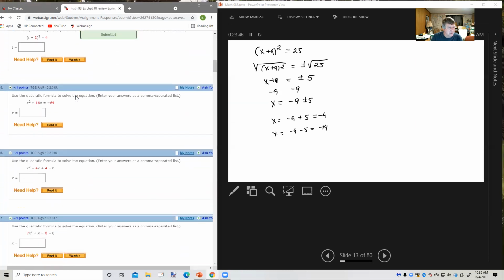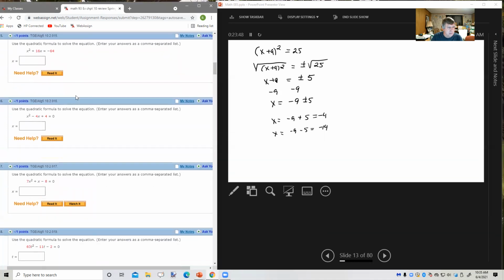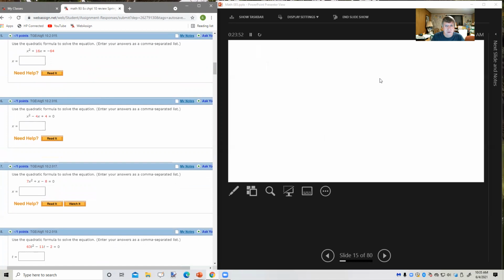All right, let's go down here and take a look at problem number 5. It says, use the quadratic formula to solve the equation. So we have x squared plus 16x equals negative 64.